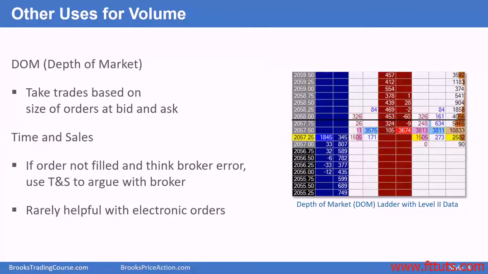You'd call up, someone would answer the phone, they give the order to a runner, take it to a guy in the pit, the guy fills it, gives it back to the runner, and then it gives it to the guy on the phone. So there are a lot of steps and a lot of people involved, and mistakes were common. But nowadays, everything is electronic, and it's extremely rare to get mistakes. If you place an order, it's going to get filled, and if there's a mistake, it's usually a mistake that you made, hitting the wrong button or having the setup wrong.